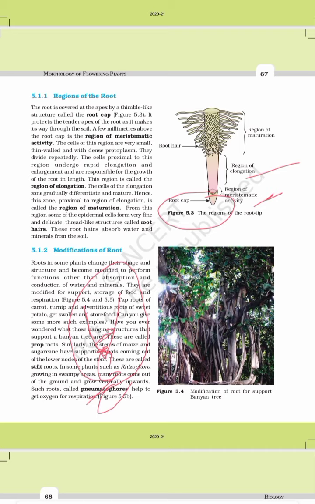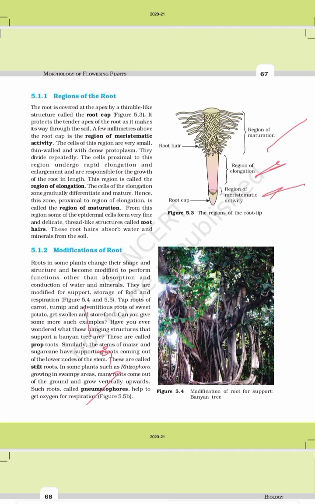Whenever meristematic stops its activity, it makes a permanent type tissue. So here it is a region of elongation where a longer part is occurring, right? It gradually differentiates and now it matures up, right? So after the region of elongation comes the region of maturation. First of all, meristematic will do the cell division, elongation will make it long, and after that, when it stops the cell division, it comes into the region of maturation.